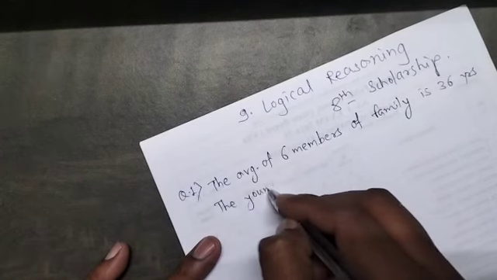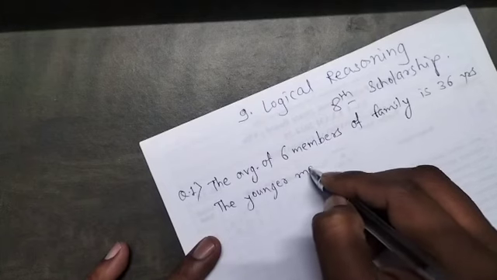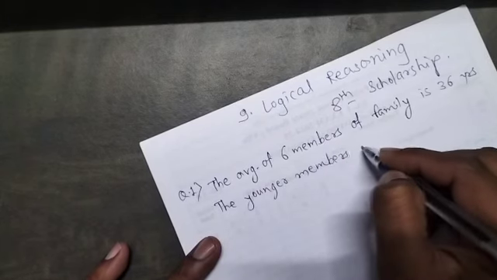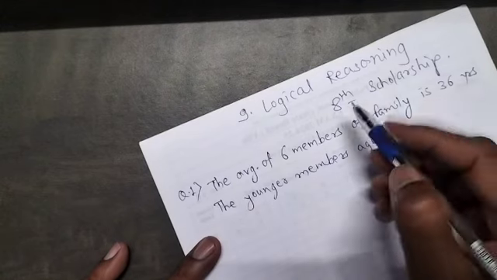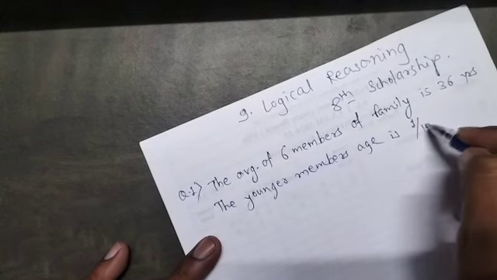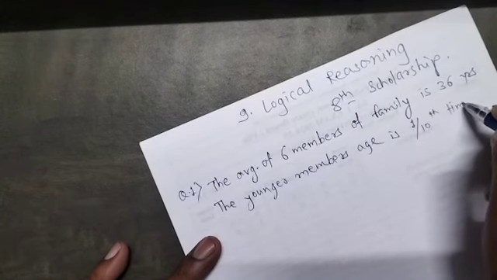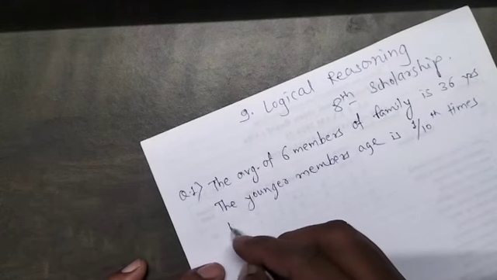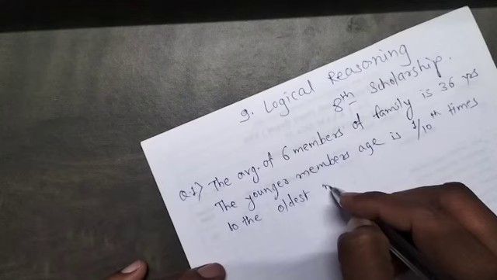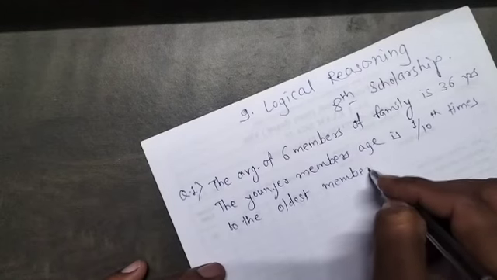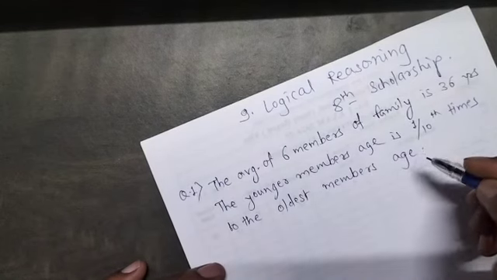The younger member's age is 1 by 10th times the oldest member's age.